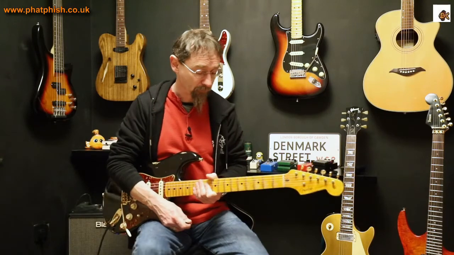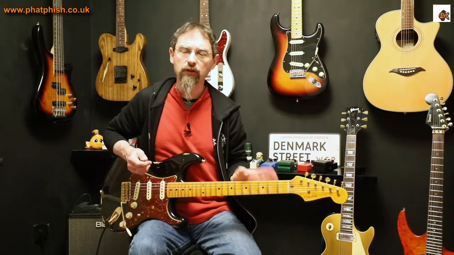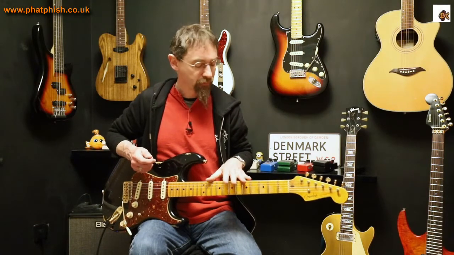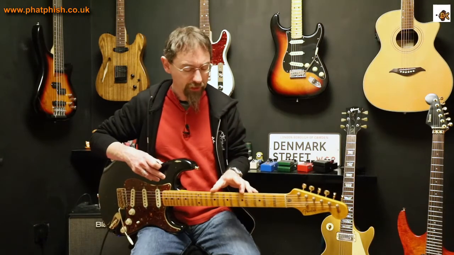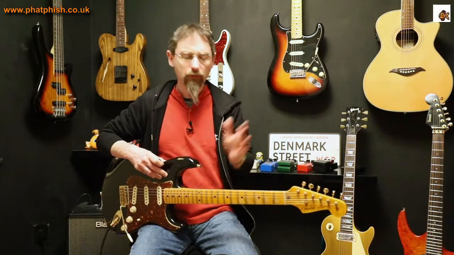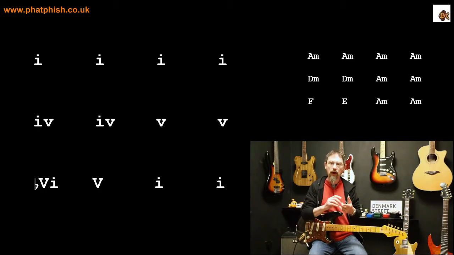So what else can we do with that? Well, there are other variations, and one I'll touch on is another 12-bar blues with a different set of chords, which is a little bit more interesting. It's one you'll hear all over the place, and you will recognize it. It starts off with the same basic form: 4 bars of the 1 chord, in this case A minor, if we're playing in the key of A minor.